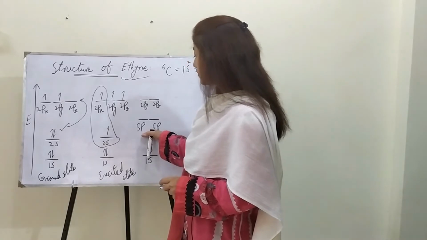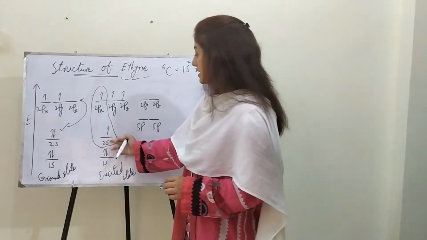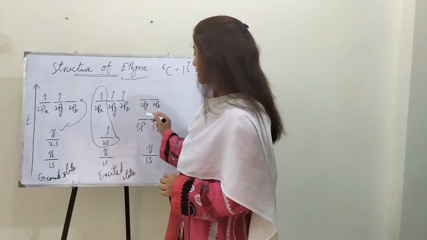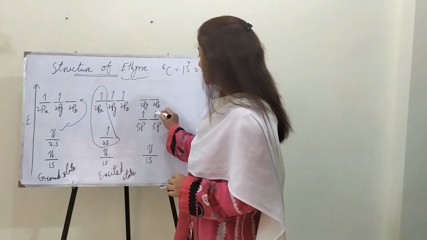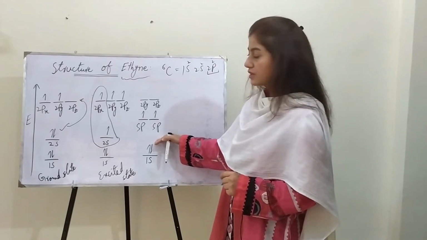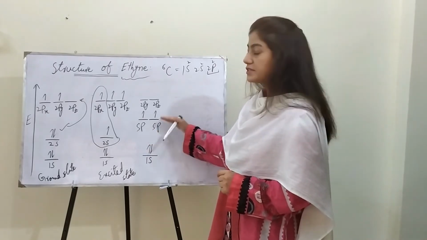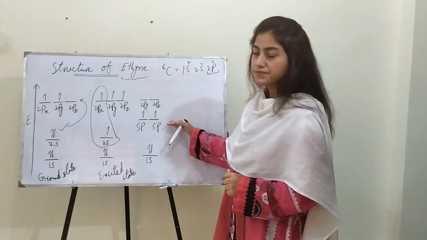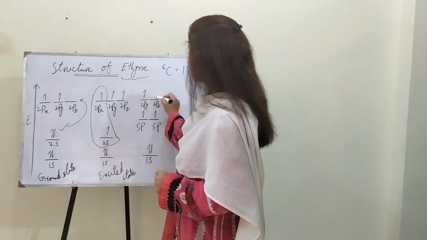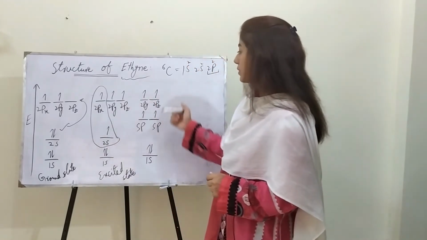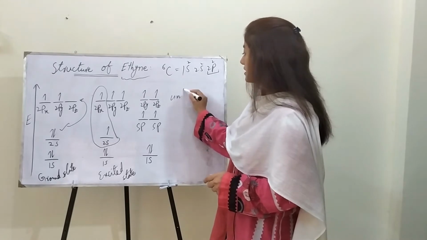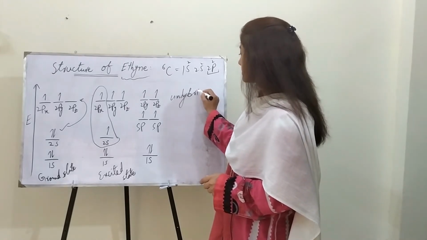In every sp orbital, as the s orbital contains 1 electron and 2px also contains 1 electron, both of these would contain 1 electron in each of them. So, these sp hybrid orbitals would be partially filled. The remaining 2py and 2pz orbitals would contain 1 electron in each of them, and these would be unhybridized.